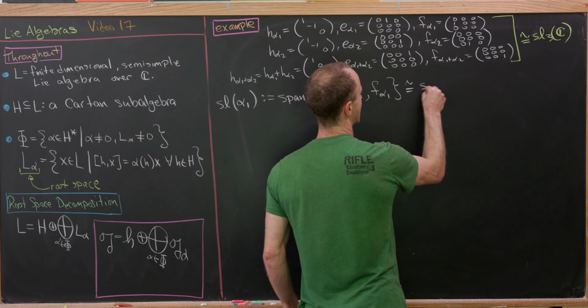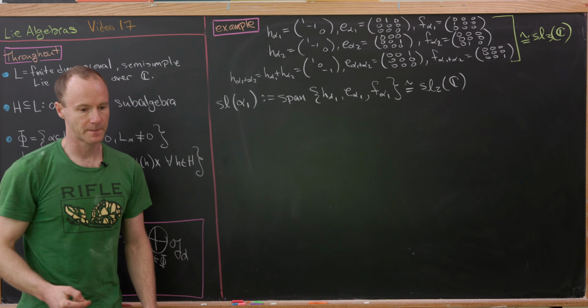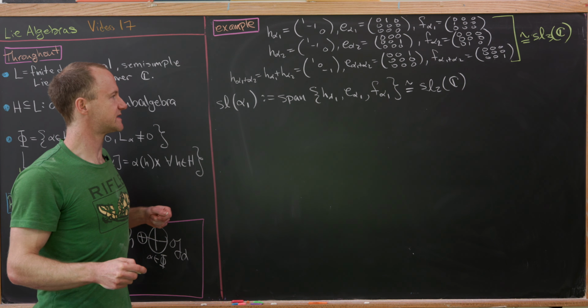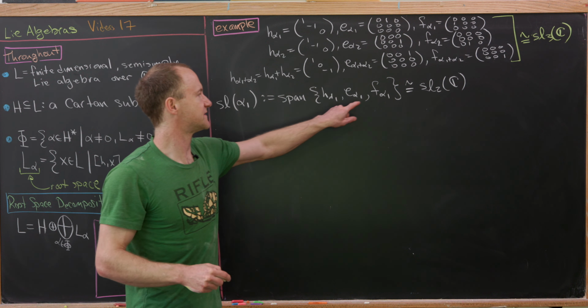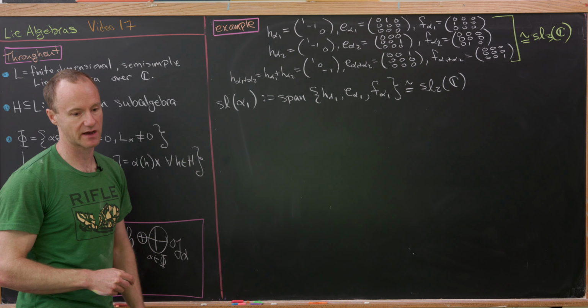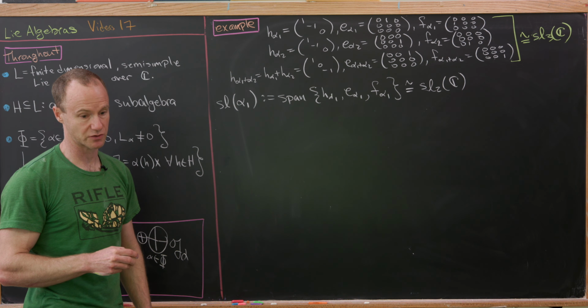Like I said before, that is a copy of SL2. Now what we really want to do is see how these vectors commute with all of the other vectors inside of SL3.